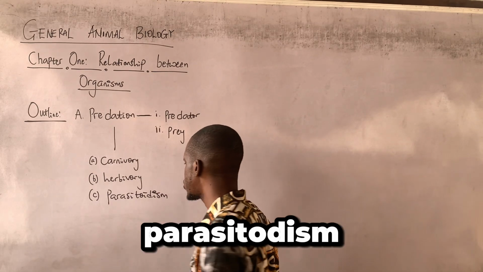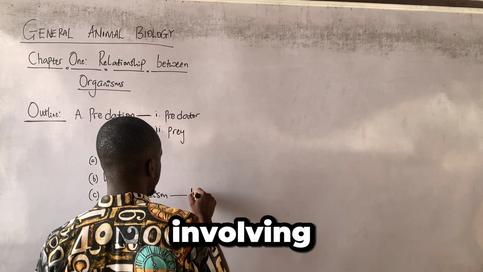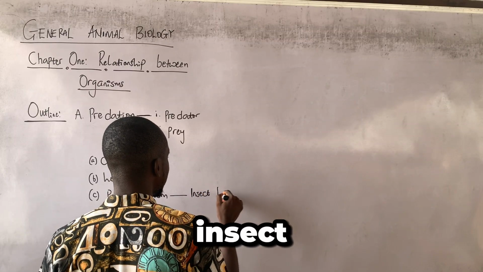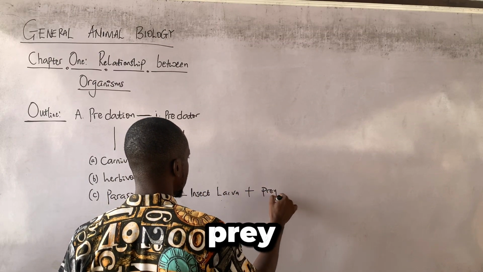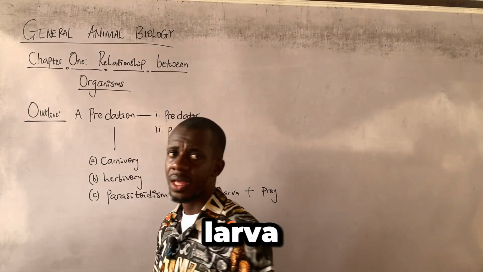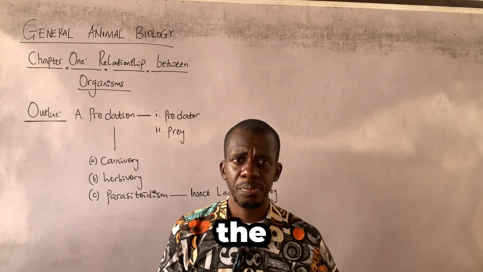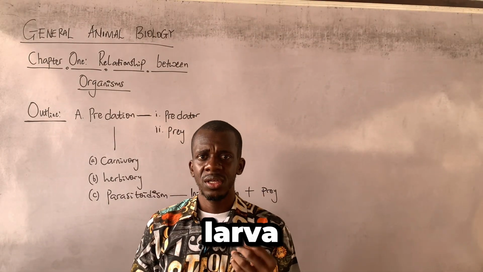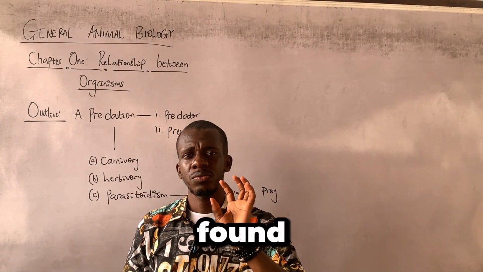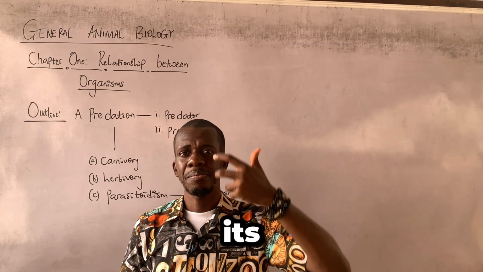Now, parasitoidism is a form of relationship involving insect larvae and their prey. Insect larvae and their prey. That is what we call parasitoidism. So the parasitoid is the insect larva that is found growing. It is carrying out its metamorphosis.